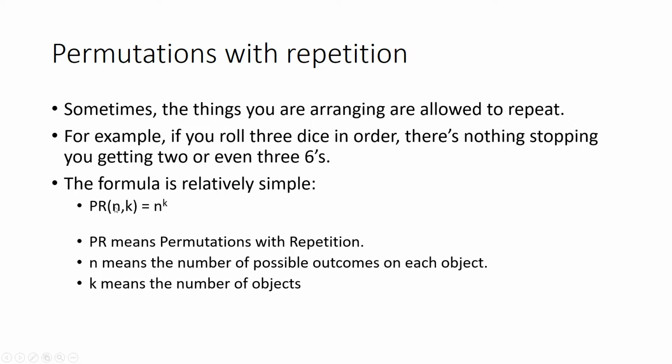So if there's 6 possible outcomes and 3 dice, 6 to the power 3, 6 times 6 times 6, which is the same formula we've seen earlier, in fact. That's kind of where it comes from, actually.